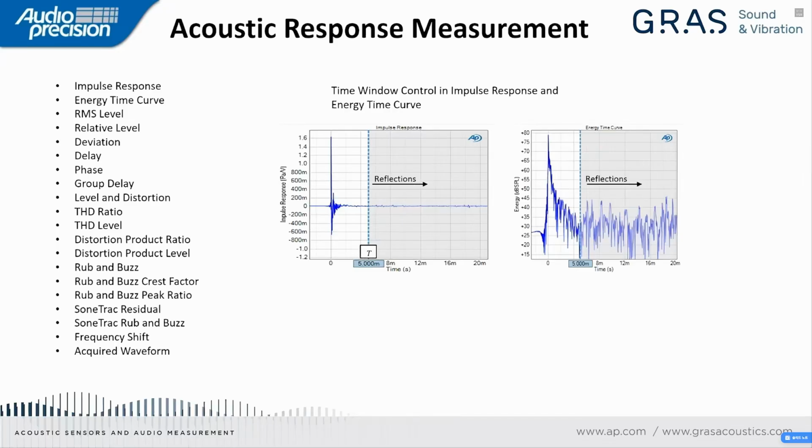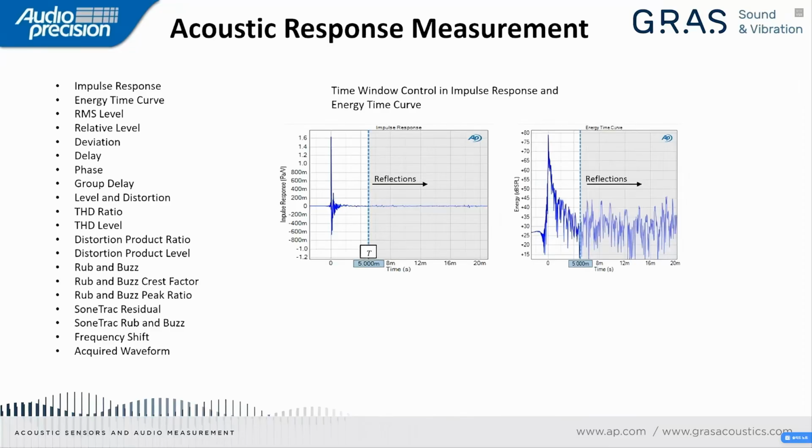Now, acquired waveform is really useful when measuring systems with a delay. You might be measuring a Bluetooth loudspeaker, for example, and compensating for the delay to make sure you capture the whole log chirp. The acquired waveform is very useful for representing that.